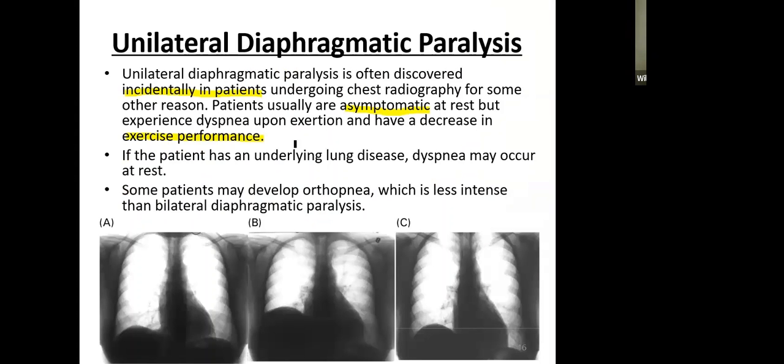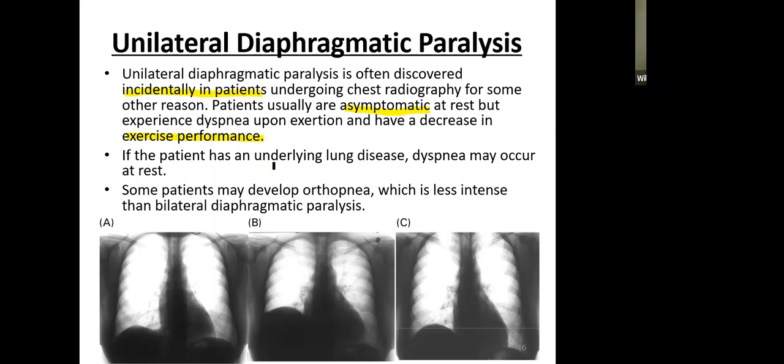So you can get unilateral diaphragmatic paralysis, often discovered incidentally while looking at your patient's radiographs. They can be asymptomatic, but they may come to you like your football player, who says, it's weird, I'm just getting problems. I've been to see my sports doctor and he doesn't understand why my VO2 max is changing.